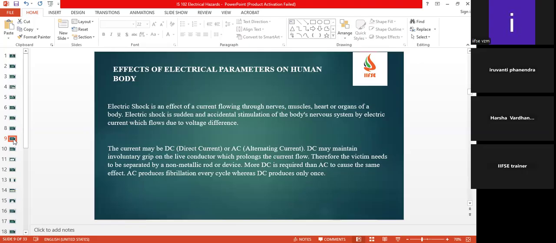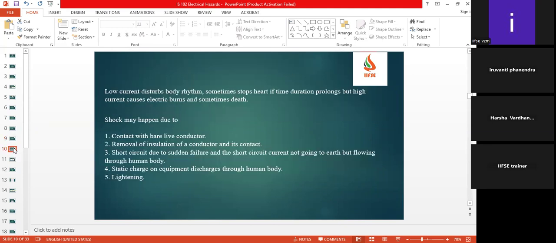And AC produces fibrillation every cycle, whereas DC produces it only once. So this fibrillation happens every time because it is kind of a loop, so it gives fibrillation for each cycle. That's why AC is more dangerous than DC.